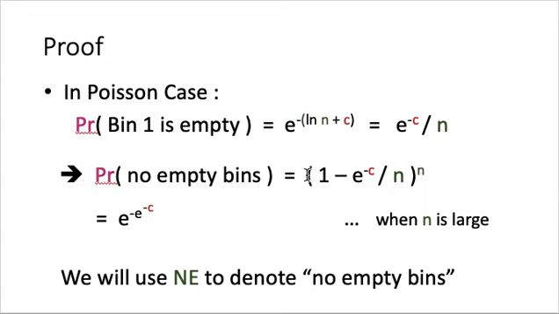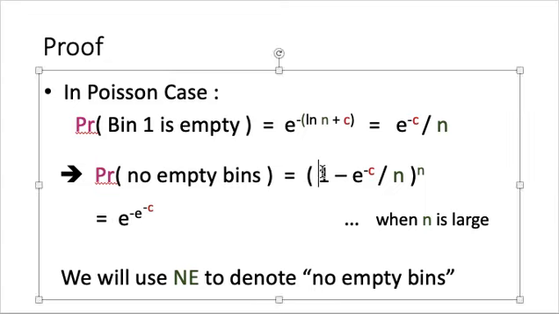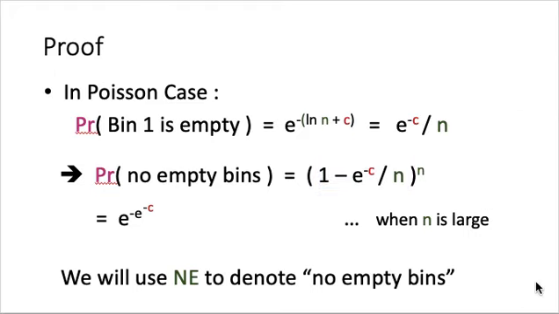So this is exactly the same as 1 minus the chance that a certain bin is empty, to the power n. And this is equal to e to the power minus e to the power minus c when n is large. Now, to simplify our notation, we use NE to denote the event that there is no empty bin. So NE means no empty bins.